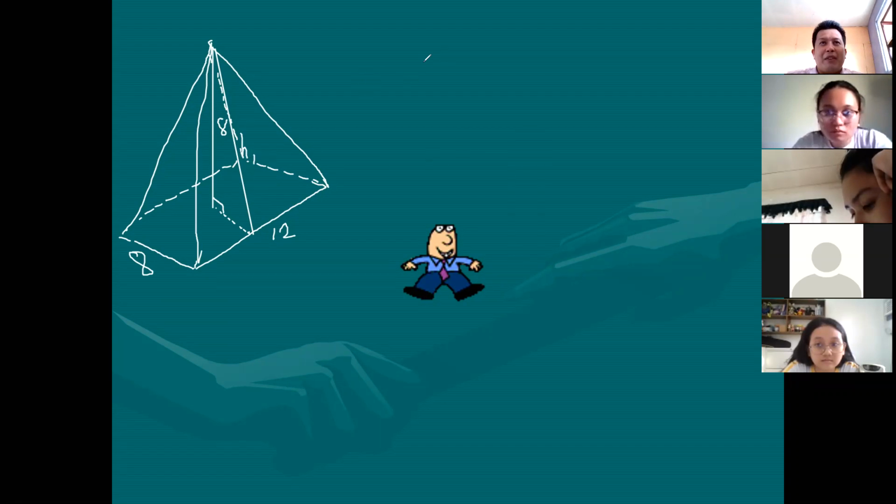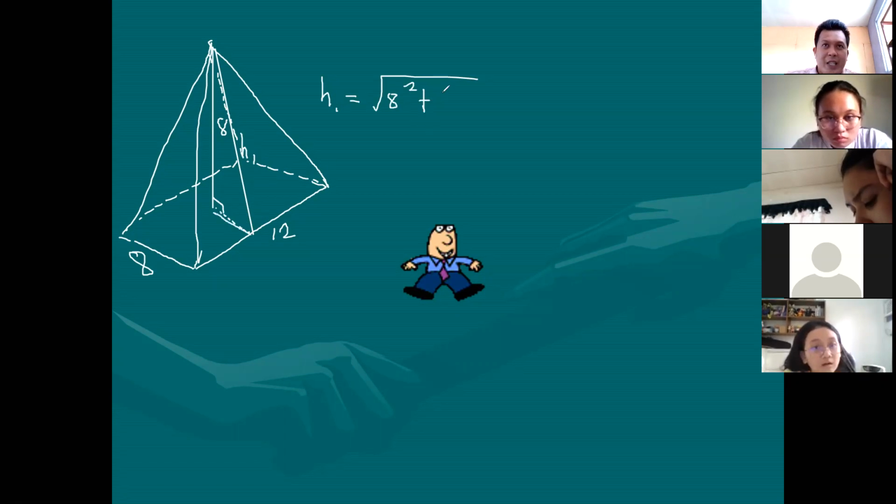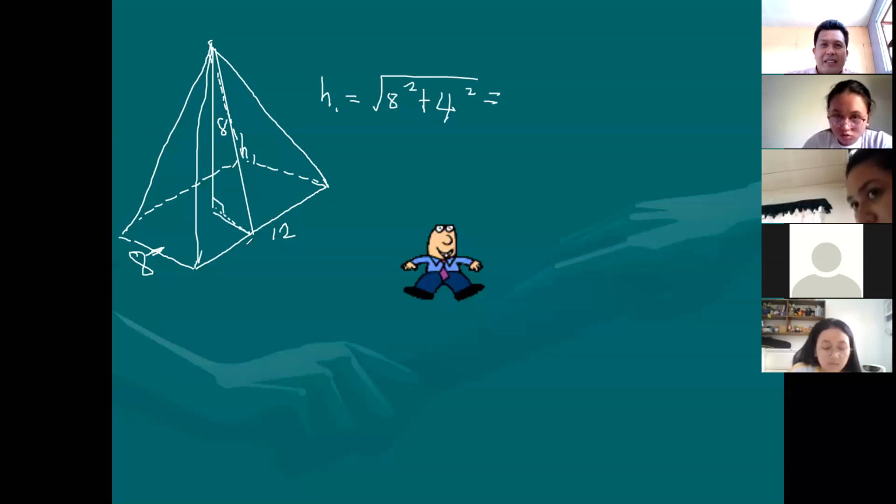So to find H sub 1, we use the formula for the Pythagorean theorem. H sub 1 is equal to the square root of 8 squared plus, what is the value of this side here? This is 4 squared, half of 8. So we have the square root of 8 squared plus 4 squared, which is 8.94.